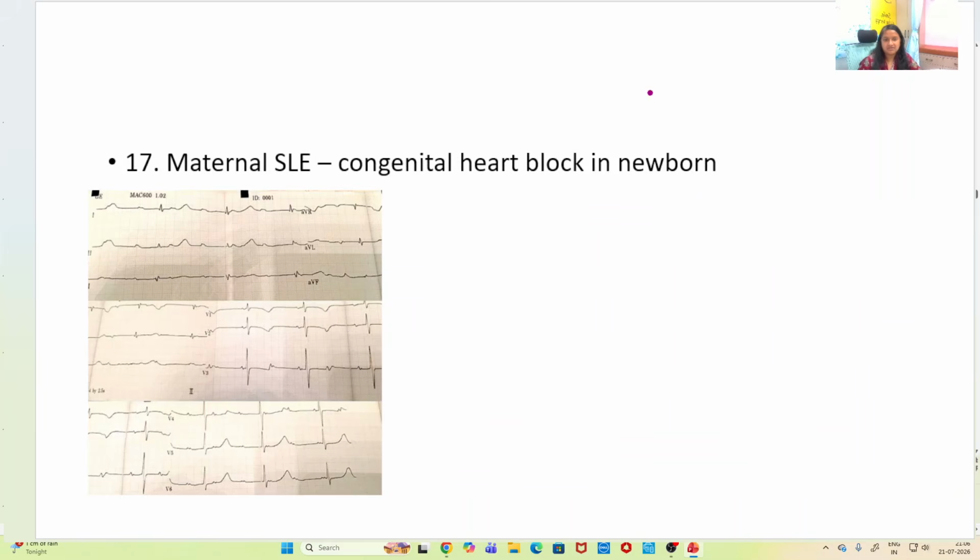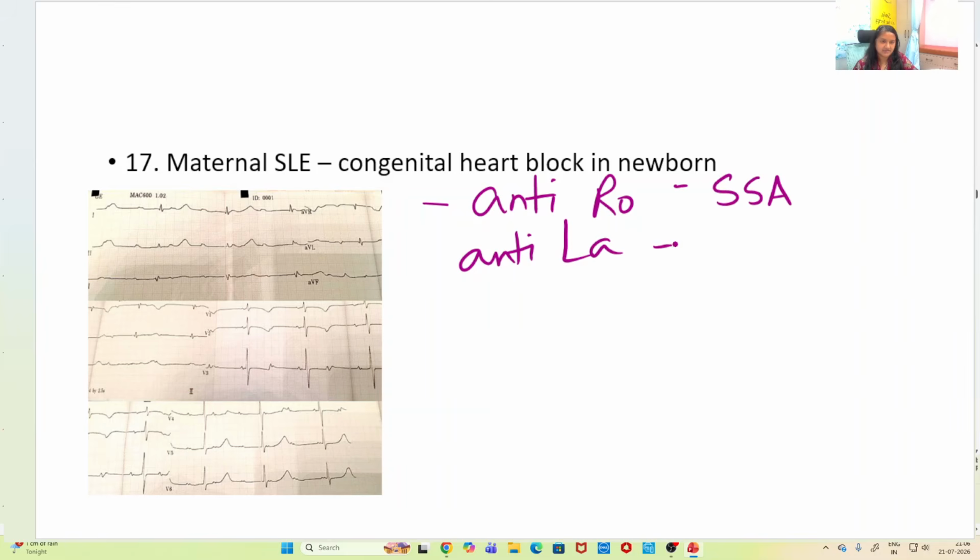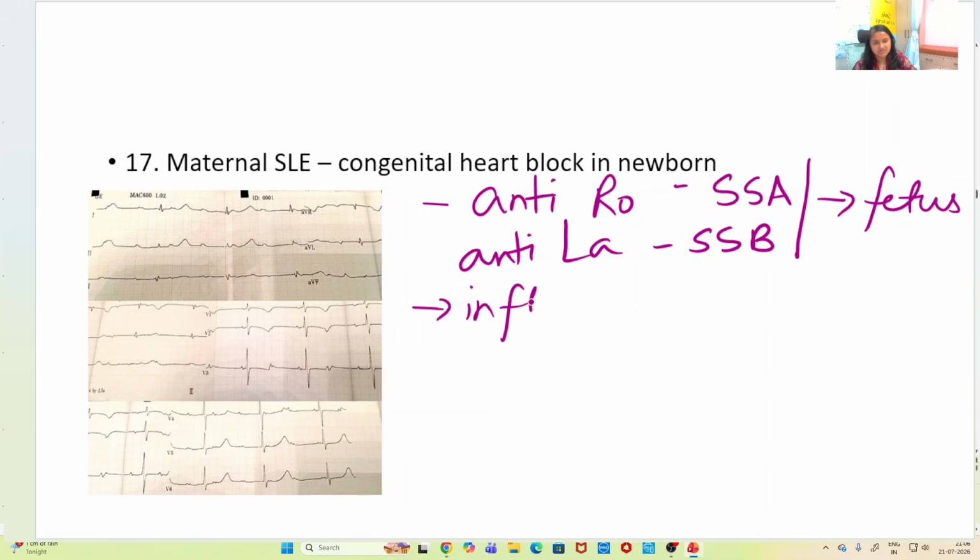Okay, maternal SLE. Maternal SLE is associated with passage of antibodies anti-Ro and anti-La, which are SSA and SSB. These antibodies pass through the placenta and go to the fetus. In the fetus it is going to cause inflammation and scarring of the nodal tissue, of the AV node tissue.